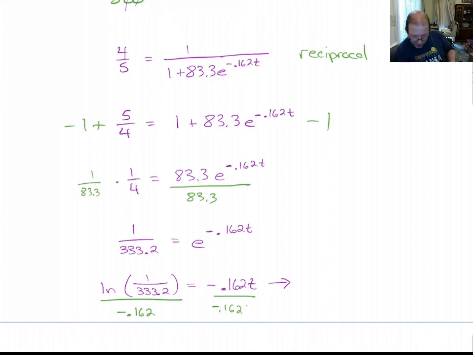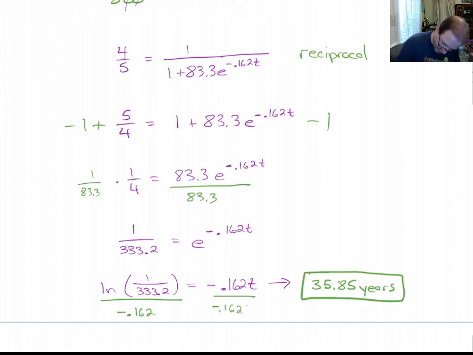And stick this in the calculator: ln of 1 over 333.2, divided by negative 0.162, gives me 35.85 years. So it'll take 35.8 years for this to grow to 400 birds in the population. All right. That's it for this section.